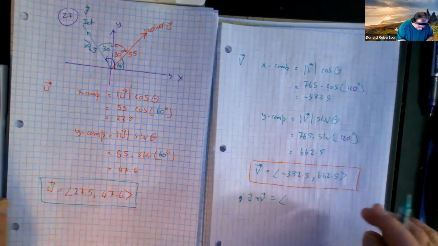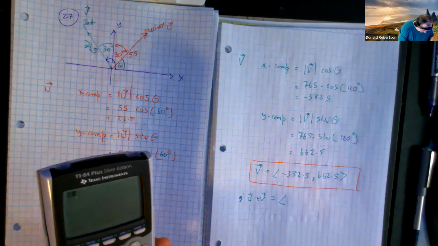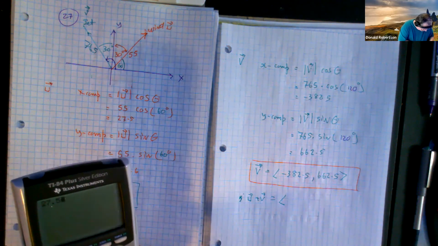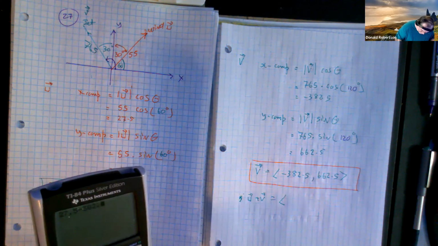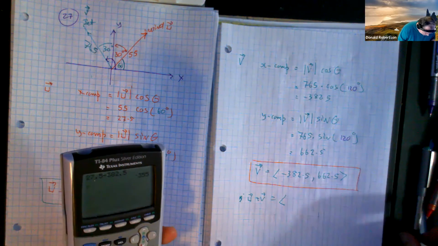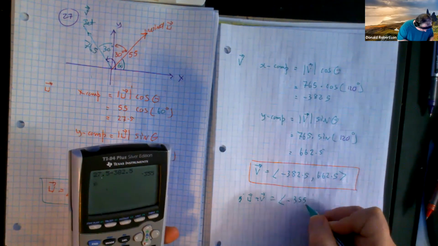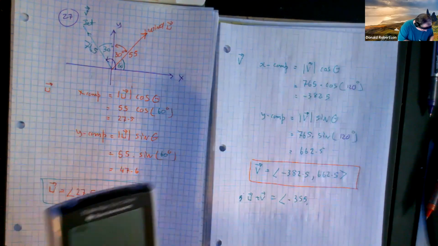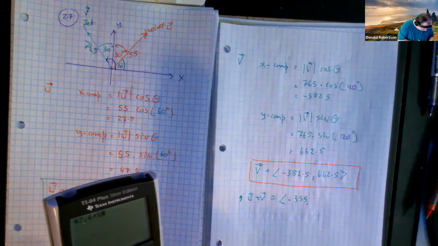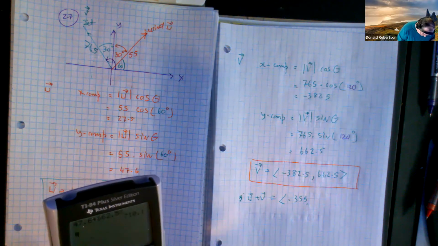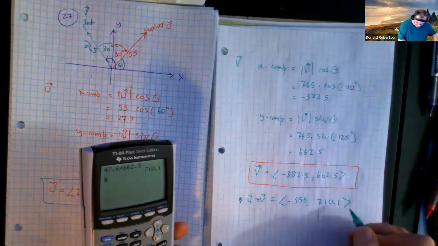So let's see what that looks like. 27.5, take away 382.5, and that's negative 355. And then if you combine these together, you get 47.6, add 662.5, and I make that 710.1. So that's the resultant vector.